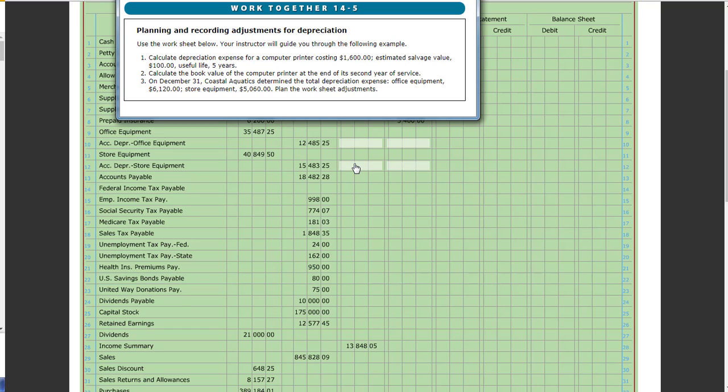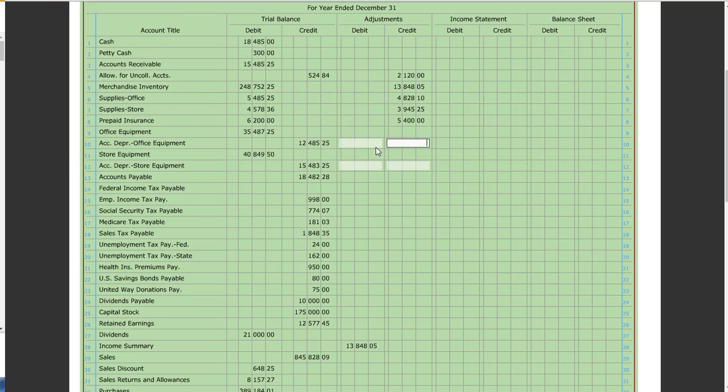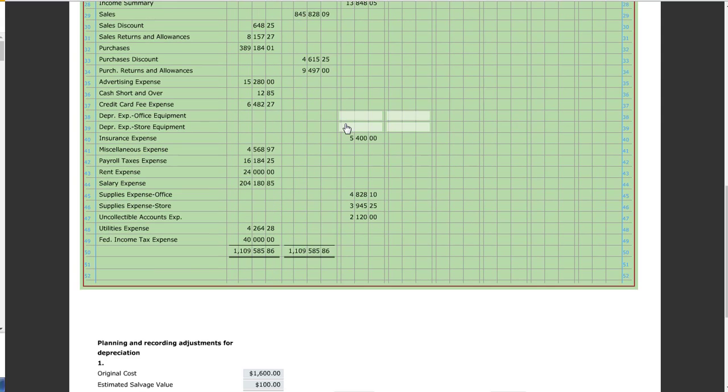So, just like 14.4, the amount that they give us goes straight up on the adjustment column. So I'm going to go ahead for office equipment, and I'm going to do a credit of $6,120 for accumulated depreciation office equipment. And then my debit is going to go down to depreciation expense office equipment of $6,120.